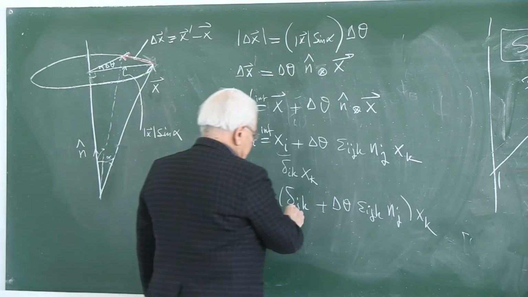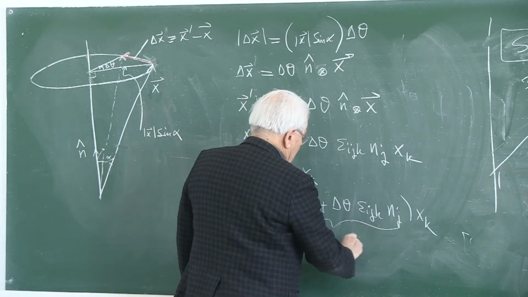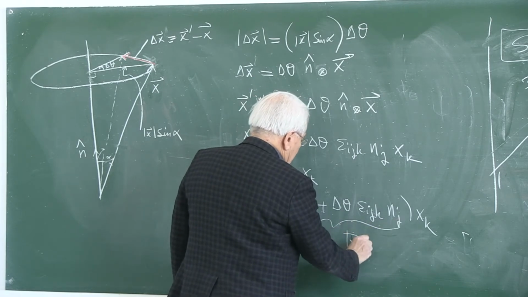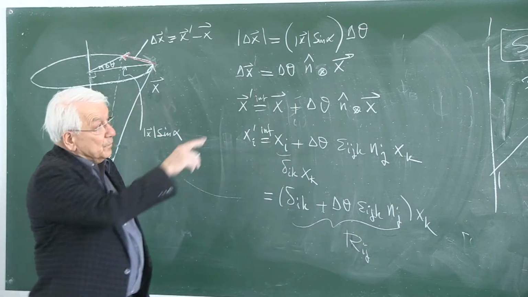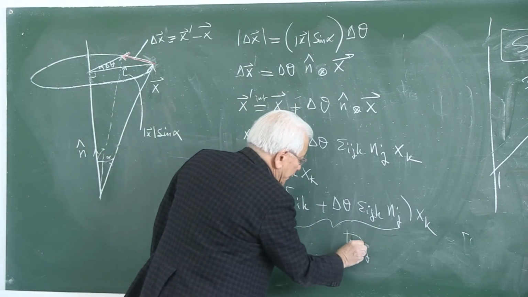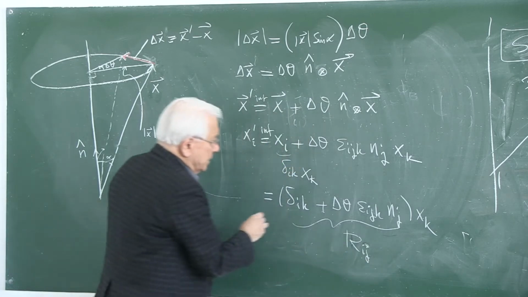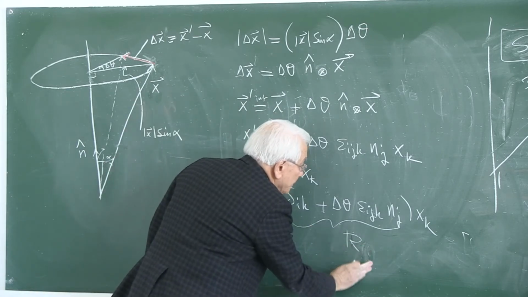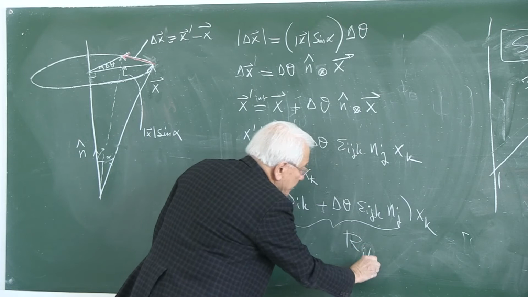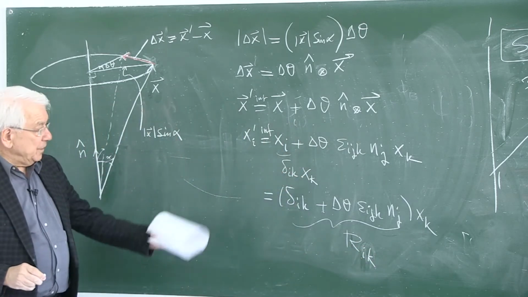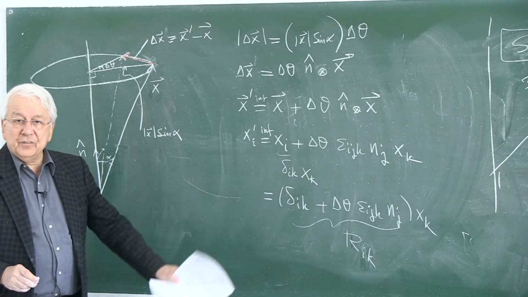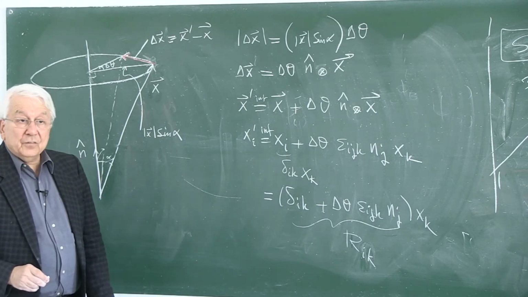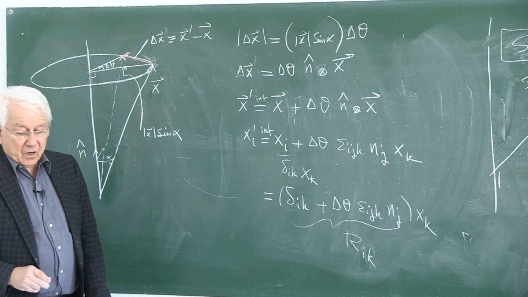So this one is the R_ik matrix for the infinitesimal case, right? Indeed, x_i prime is R_ik times x_k, sum over k understood. So that's my rotation matrix written in terms of the Cartesian coordinates.